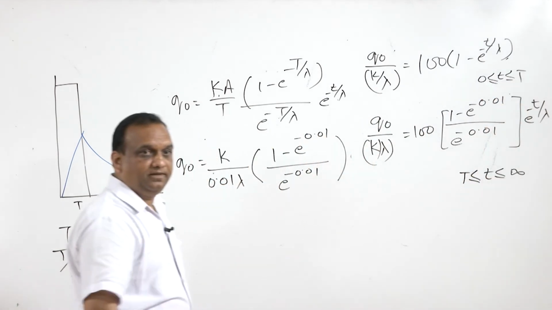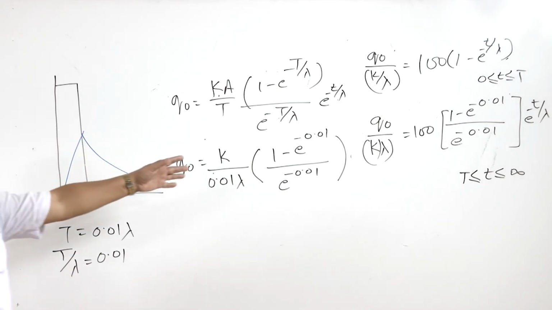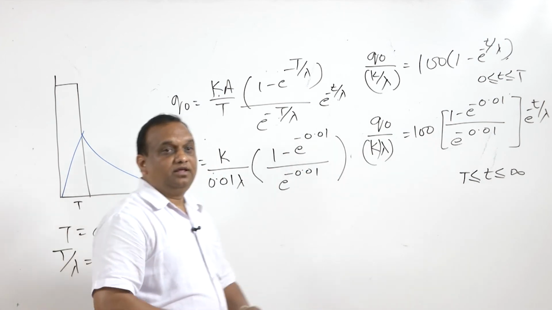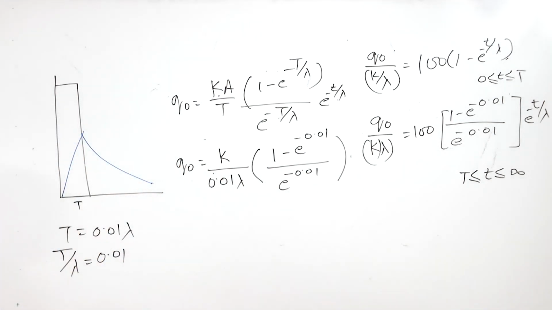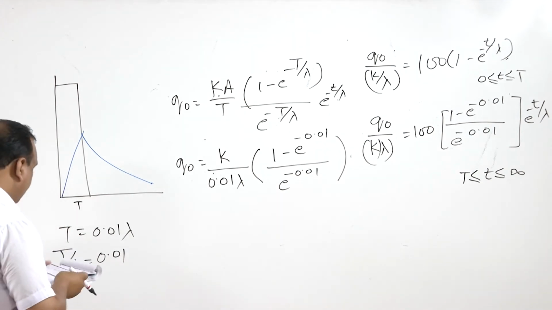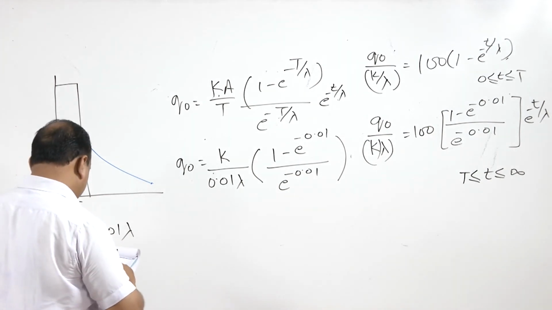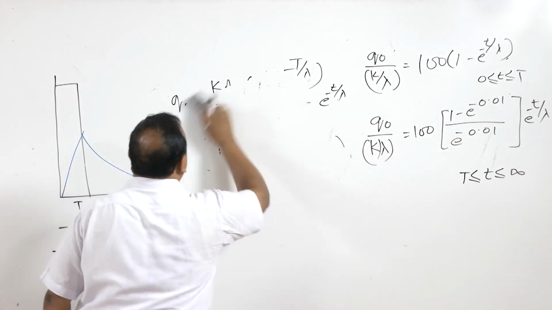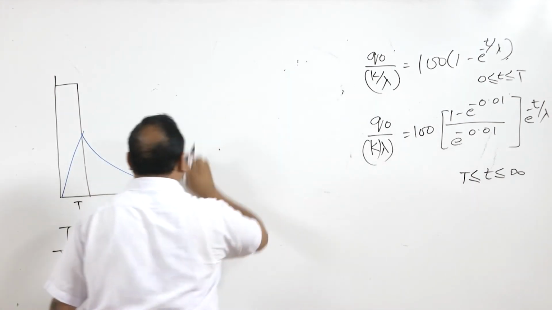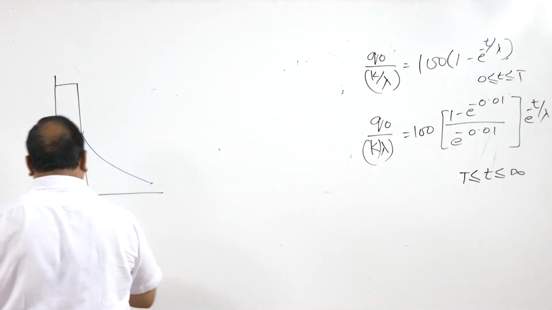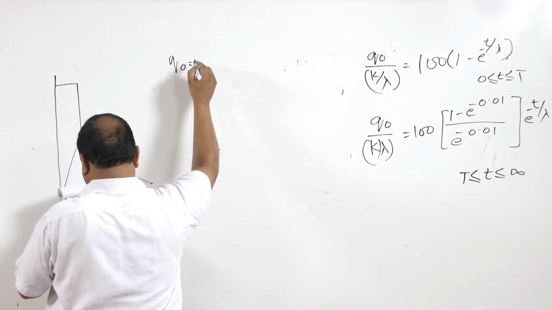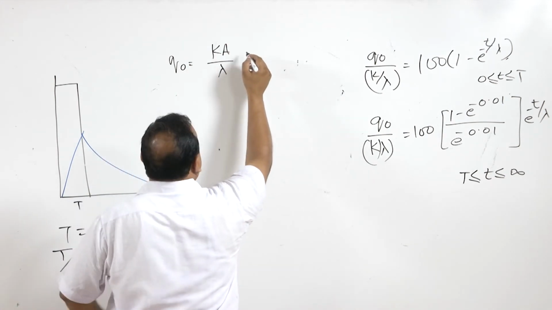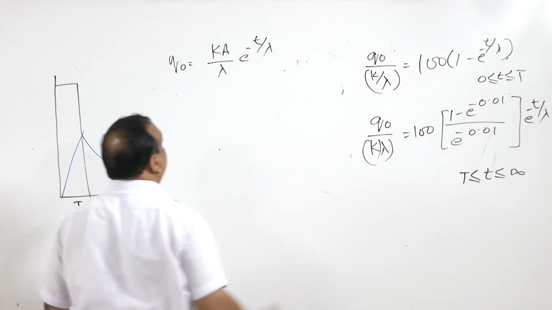There are two cases. So for any pulse we can find the solution using these two cases, these two values. Now before this we have derived one equation for the exact solution. If you remember, we have derived one equation for the exact solution for impulse, and that is Qo is equal to K A by lambda e raised to power minus t by lambda.